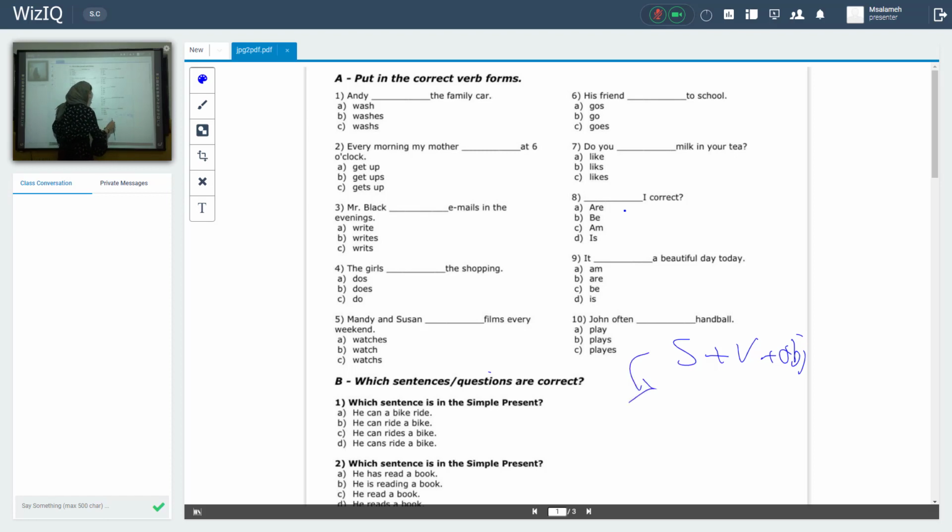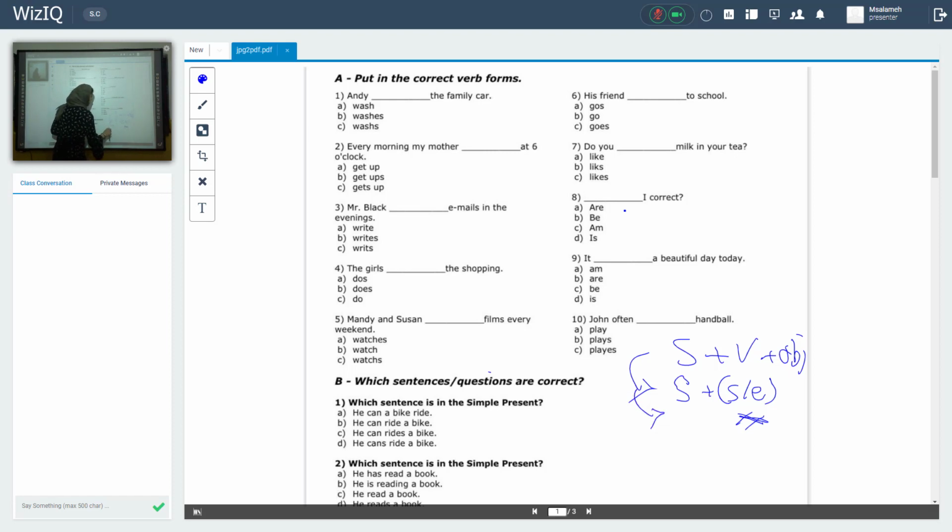In a simple present, when we have a singular subject, we will add what? S or ES to the verb. And when we have a plural subject, we never add S or ES to the verb. Put it in the base form of the verb.